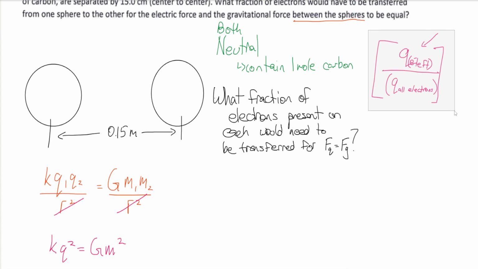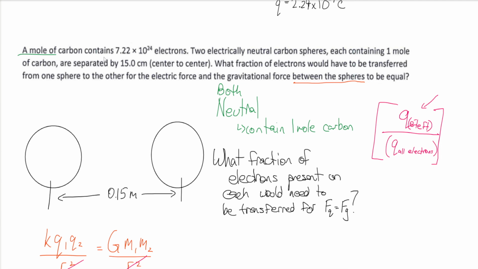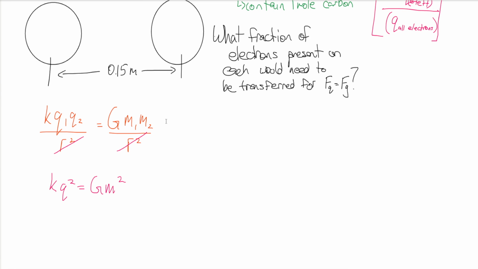What that means is, I wonder if we could say, if we knew that this was all of the electrons, let's just assume that all of the electrons went, we could figure out what the mass was, right?